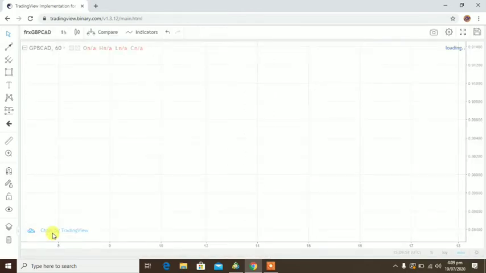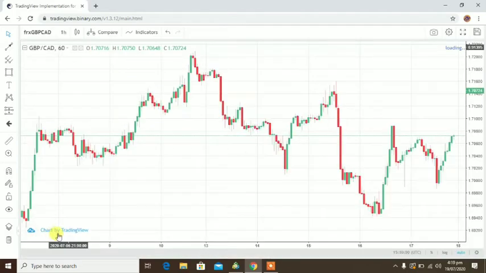Okay. So this is GBPCAD 1 hour time frame.